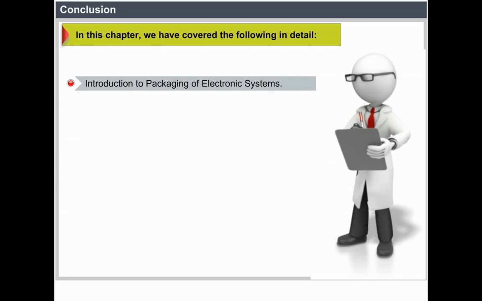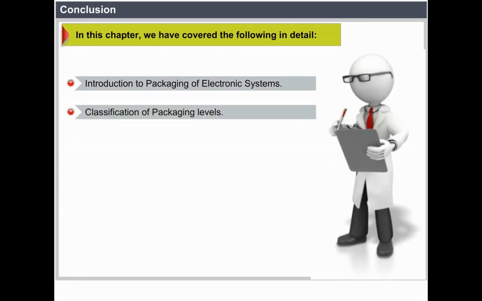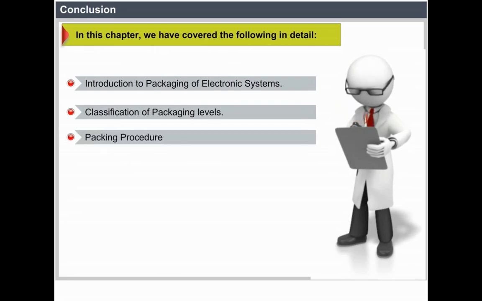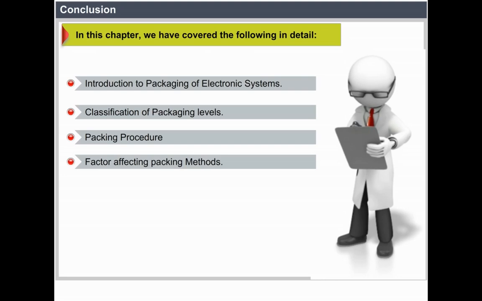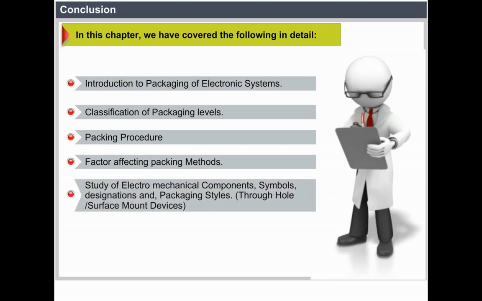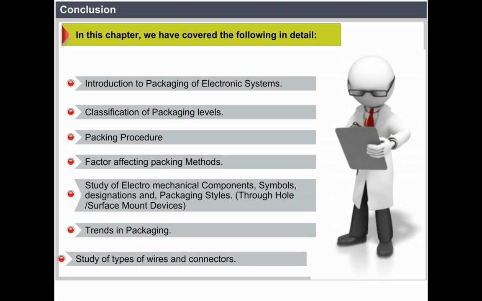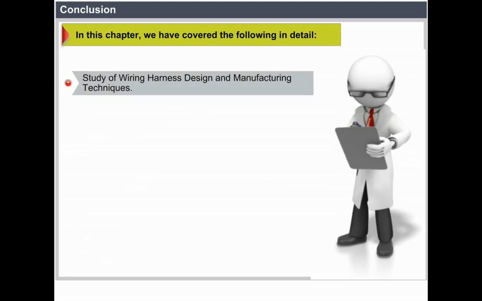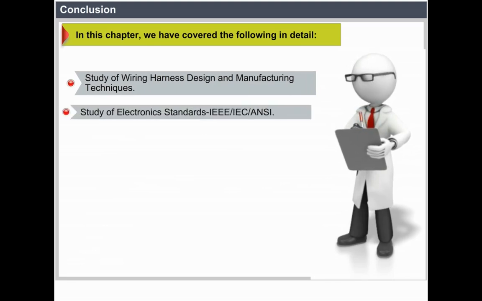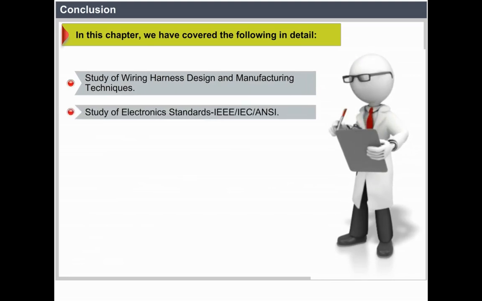Introduction to packaging of electronic systems, classification of packaging levels, packaging procedure, factors affecting packaging methods, study of electromechanical components, symbols, designations, and packaging styles, through-hole or surface mount devices, trends in packaging, study of types of wires and connectors, study of wiring harness design and manufacturing techniques, study of electronic standards IEEE, IEC, ANSI.